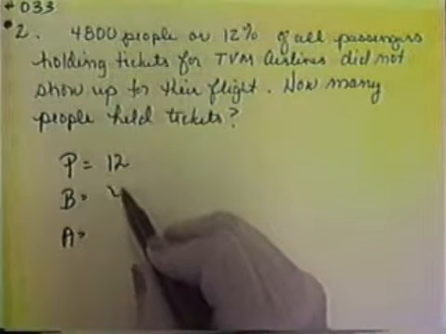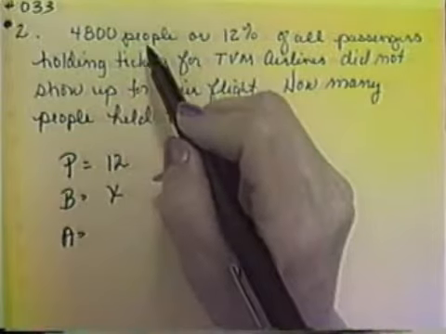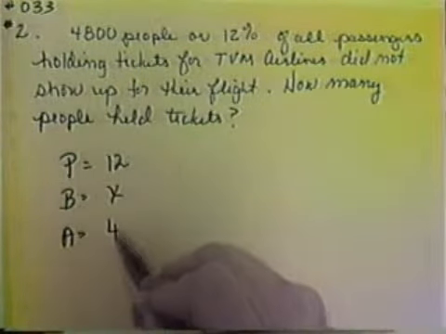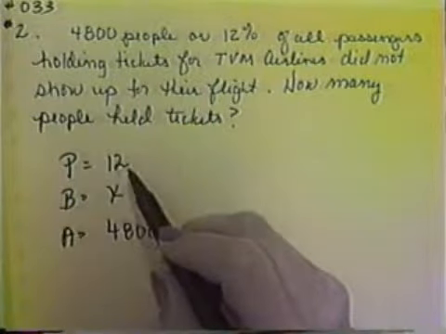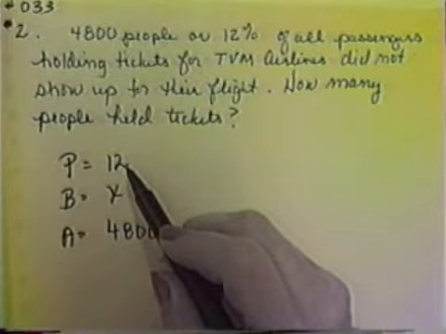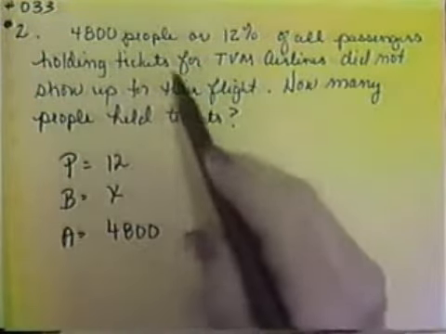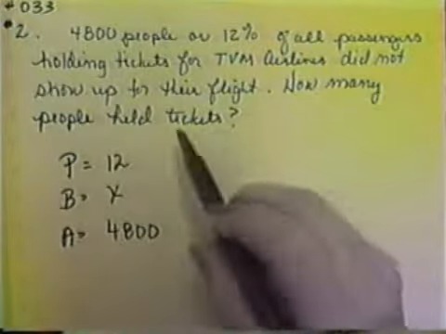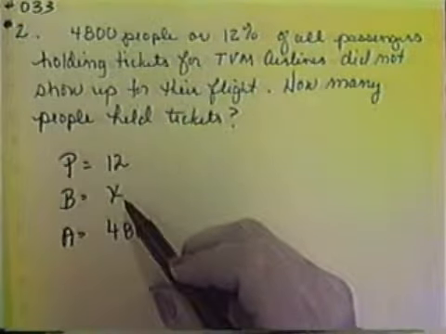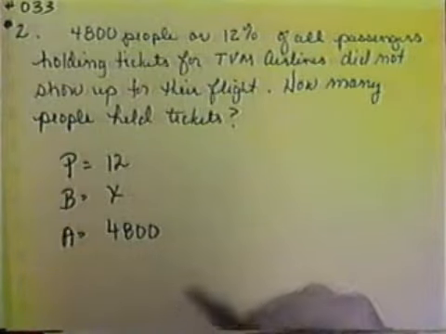So the base must be our unknown, which means that 4,800 must be our amount. 12% was given, very obvious, but 12% of all passengers holding tickets, and we don't know how many people held tickets. That's what we're looking for, so our base is our unknown, which means 4,800 must be our amount.